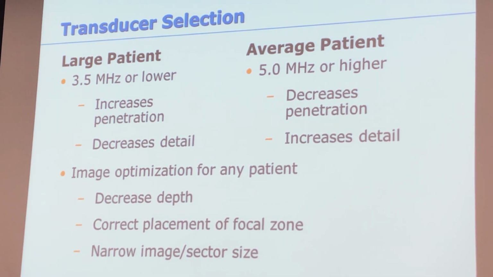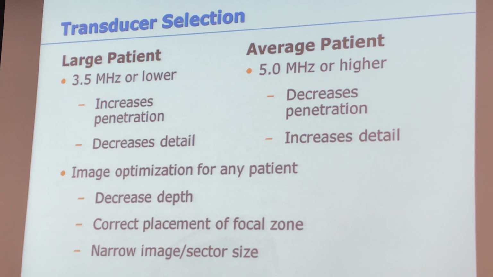Here we've already kind of talked about this a little bit, a large patient and an average patient. Some little bitty thin patients, we can even go up as high as a 7. And a 7 is going to give us better contrast than the 3.5. We want to make sure that we pay attention to our depth, the focal zones, the sector width.